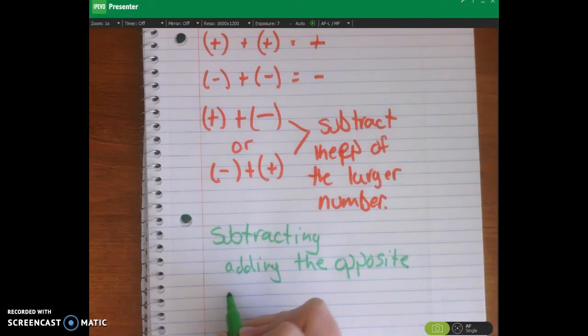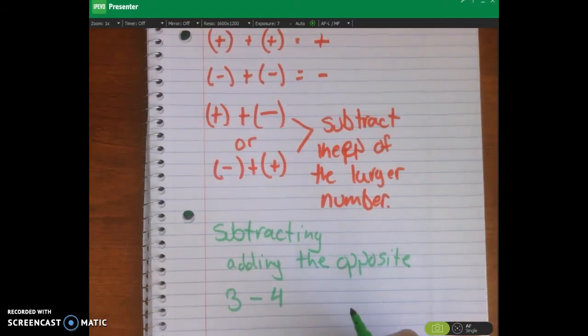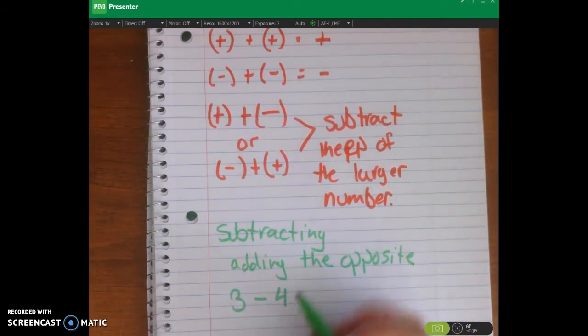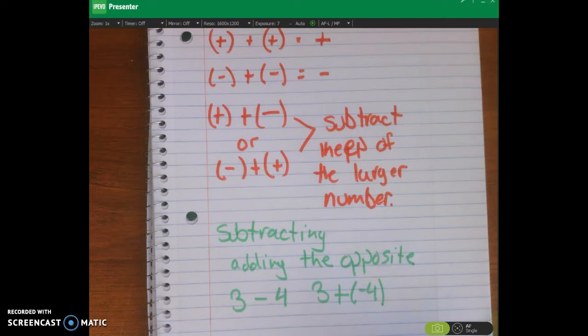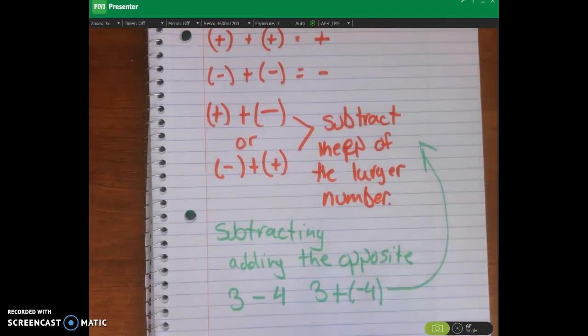So for example, we have 3 minus 4. We are going to change so that we now have 3 plus a negative 4. Then we go back and follow these rules.